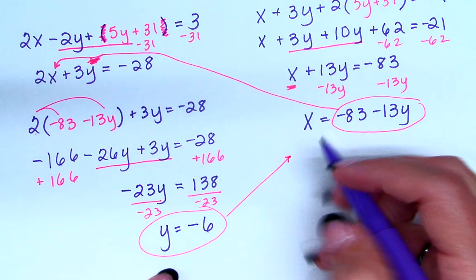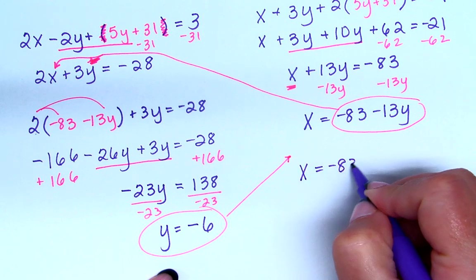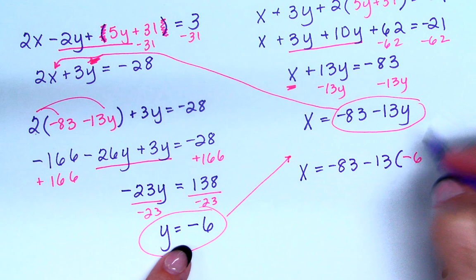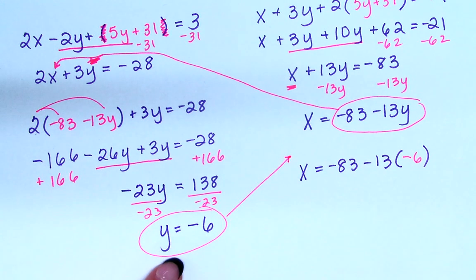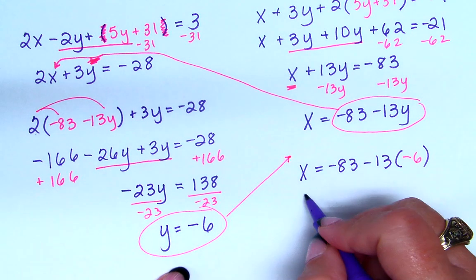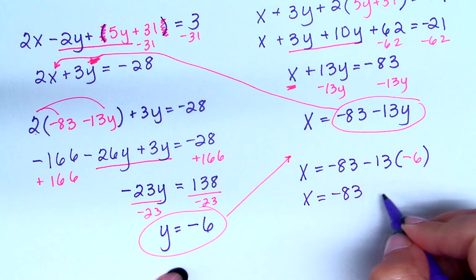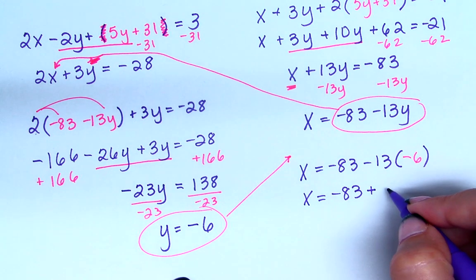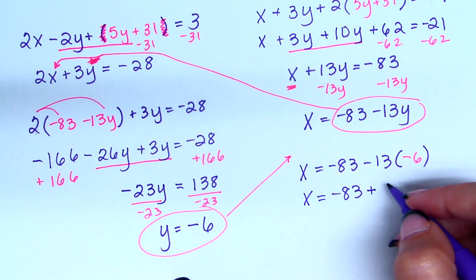Okay. So x equals negative 83 minus 13 times negative 6. x equals negative 83 plus, what's 13 times 6? 78.